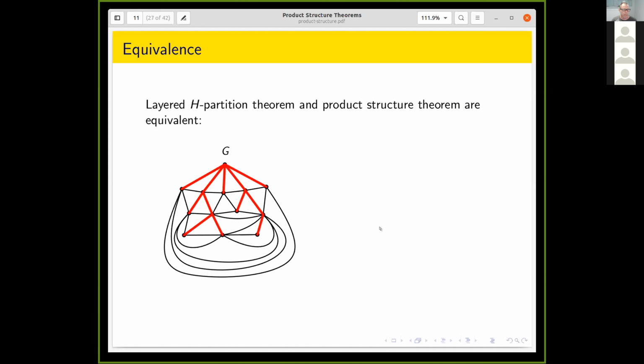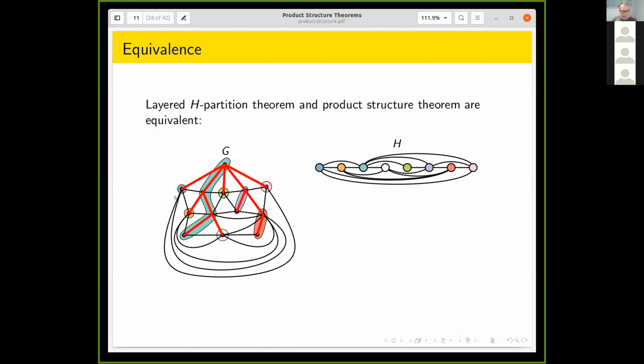You take your favorite breadth-first spanning tree of your graph. So pick any vertex you want and any breadth-first spanning tree rooted at that vertex. You apply the theorem that I just mentioned. That gives you this collection of vertical paths that partition the vertices of your graph, and contract that to get the graph H.